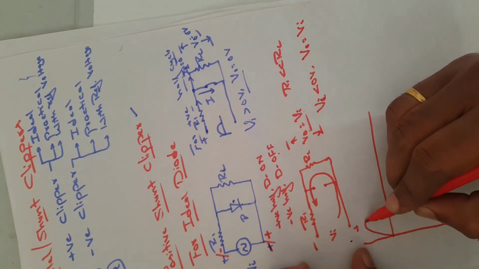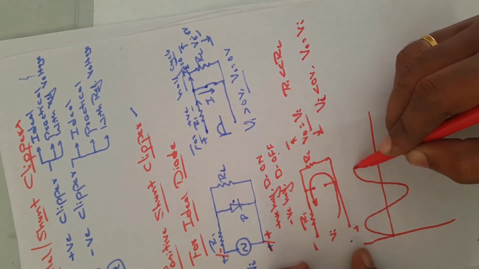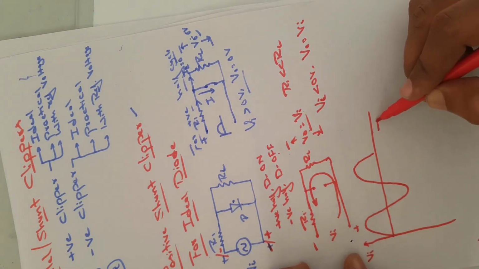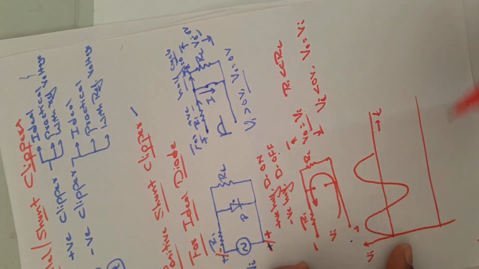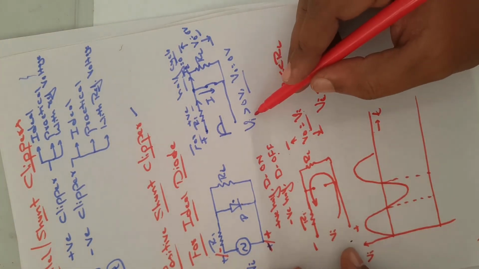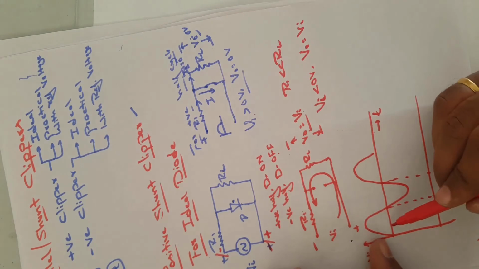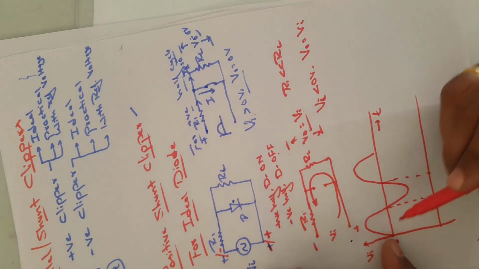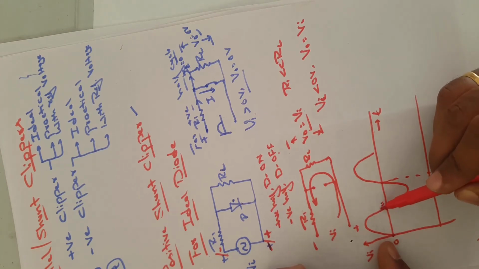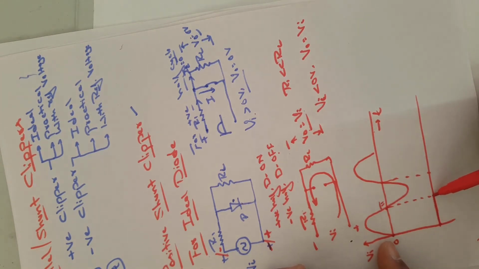So this is the given input signal, a sinusoidal signal. From these mathematical expressions I can say that whenever the input voltage is more than 0, this is your 0 volts, the output voltage is 0. From 0 to pi, the output voltage is 0.